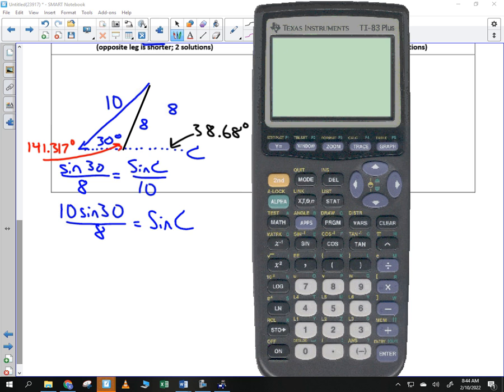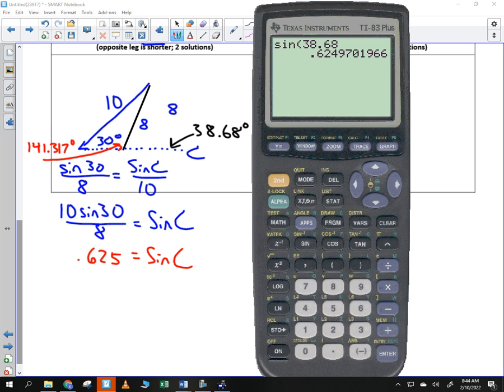Here's the piece that I want to sink into your brains. When we took 10 sine of 30 divided by 8, we got 0.625, and that was equal to sine of C. It turns out that if you take the sine of 38.68, you get 0.625, don't you?